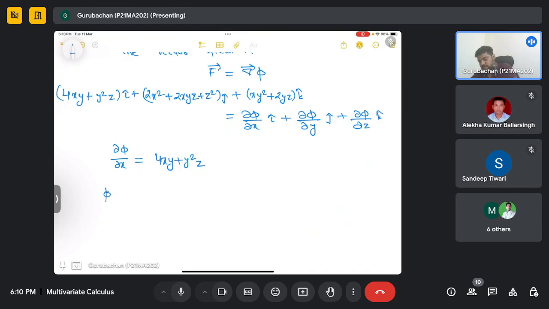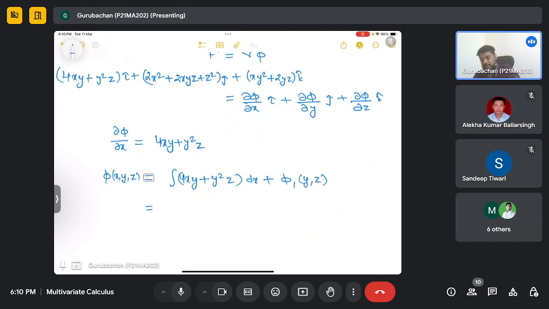Therefore phi xyz is the integration of 4xy plus y square z with respect to x, plus, since the other variables y and z are treated as constants, a function of y and z.